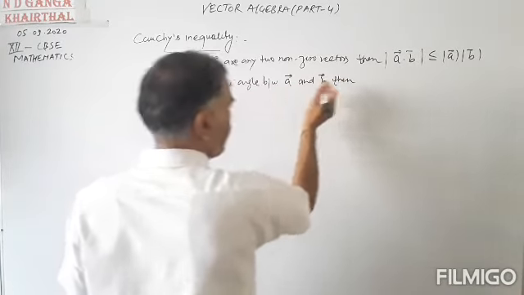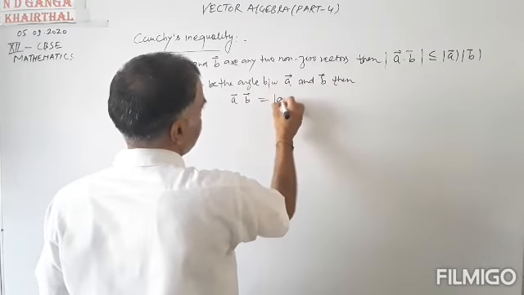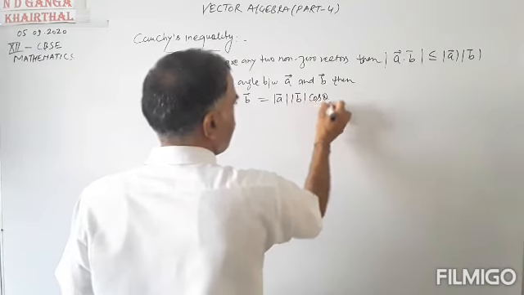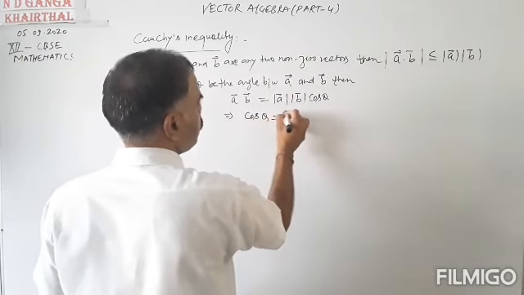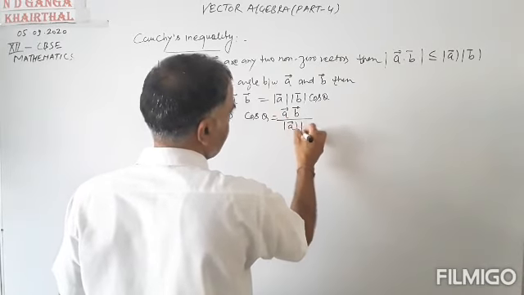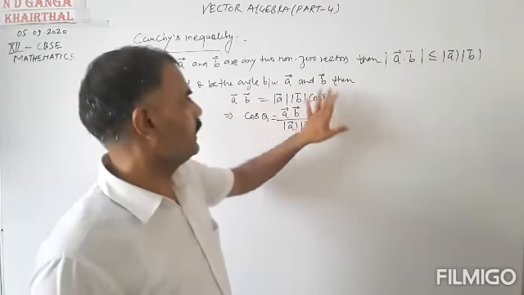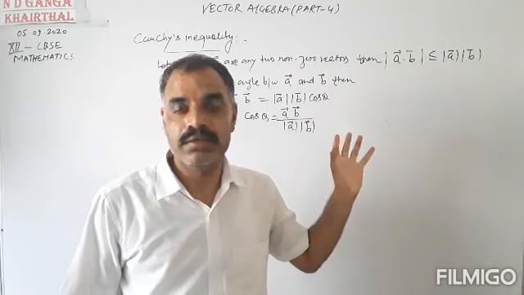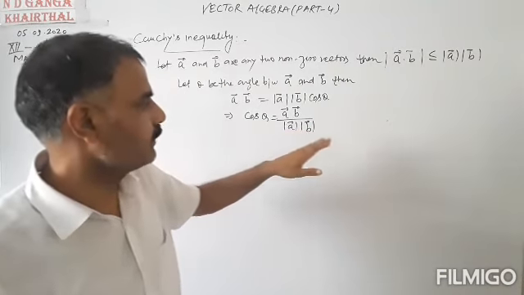Then A vector dot B vector is equal to magnitude of A vector times magnitude of B vector times cos of theta, and from this we can write cos theta is equal to A vector dot B vector divided by magnitude of A vector times magnitude of B vector. This is the angle between two non-zero vectors.